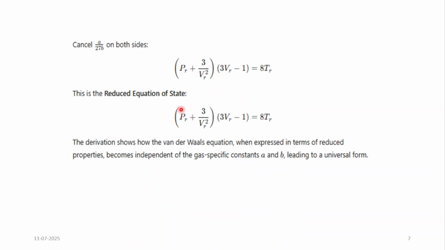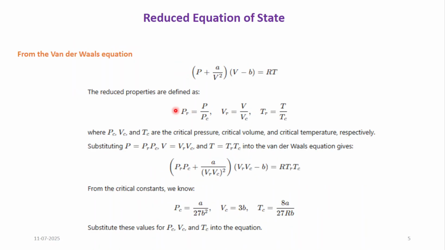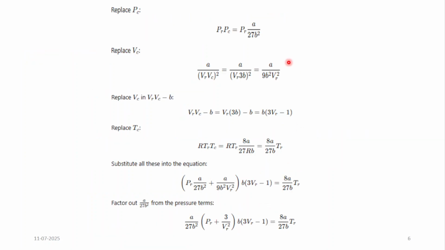You just go on substituting, because you know the values of PC, VC and TC in terms of the van der Waals constants: PC equals A upon 27 B square, VC equals 3B, TC equals 8A upon 27 RB. Substitute these now.